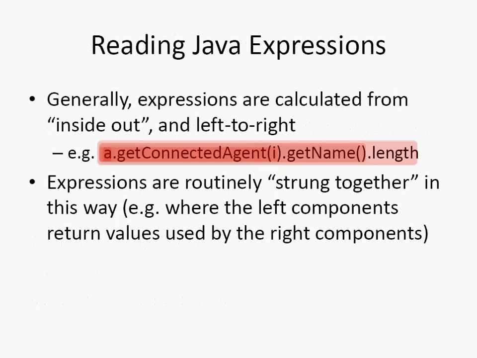Beginning here, look at the left. Okay, so this A, we see a dot. It has to refer to a particular agent. Maybe it refers to the person. We asked, okay, let's get their connected agent, their ith connected agent. Oh, that returns their third agent, say. That now refers to somebody. So having evaluated this, it's referring to somebody.